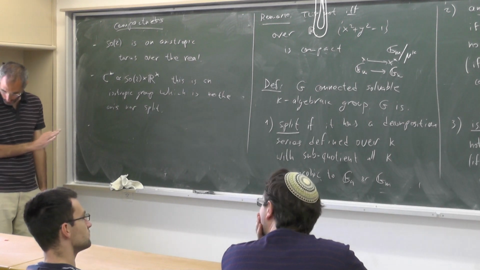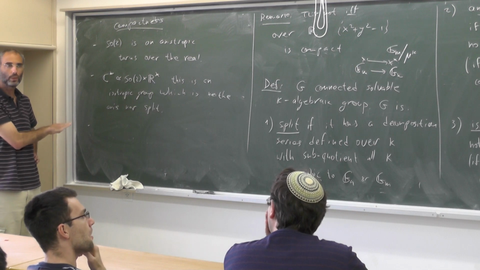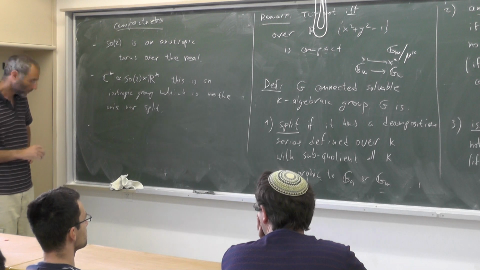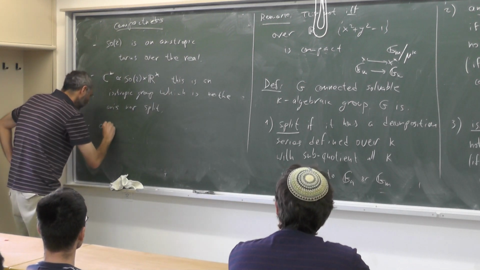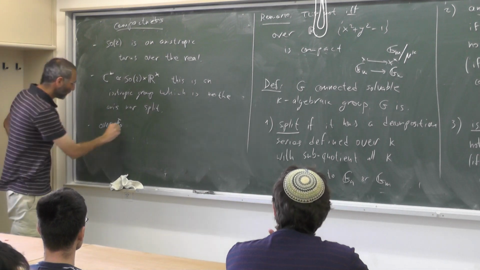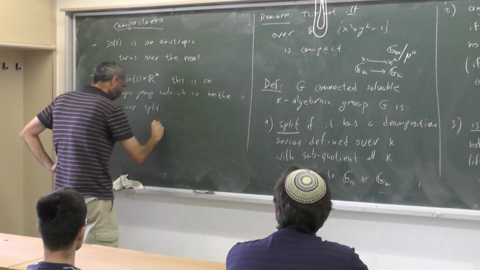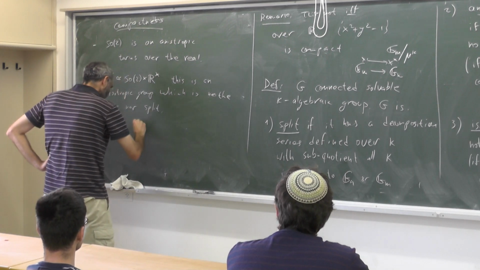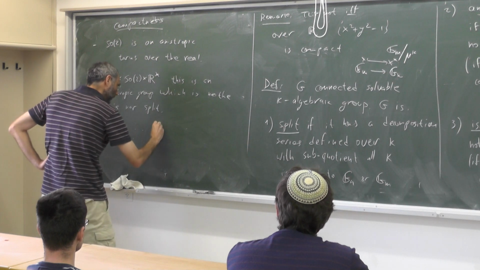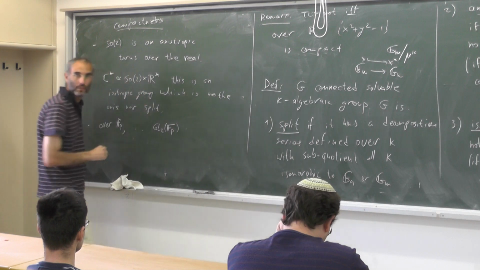And again, writing this down, at first at least, I will not be super formal. I'm writing down points over a field. So think about F_p, and think about maybe GL2 over F_p.